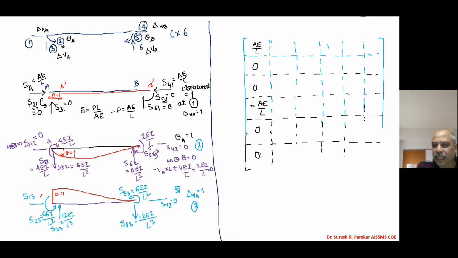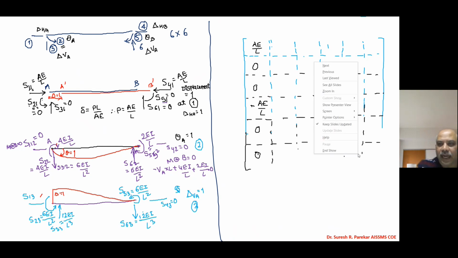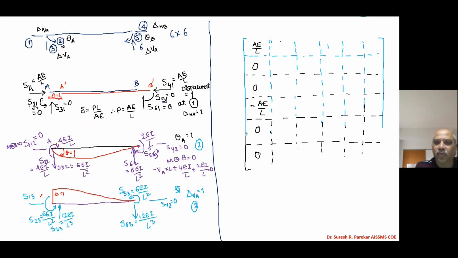Now we will go for second. Now second we will write in blue. So you will understand it. So we have in blue. And then first value S12 we have 0. S22 we have 4EI/L. Then we have S32.